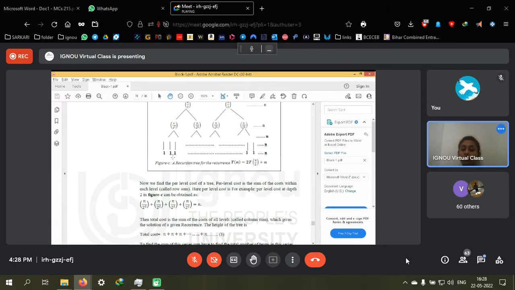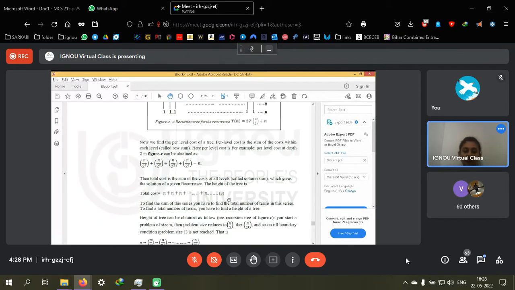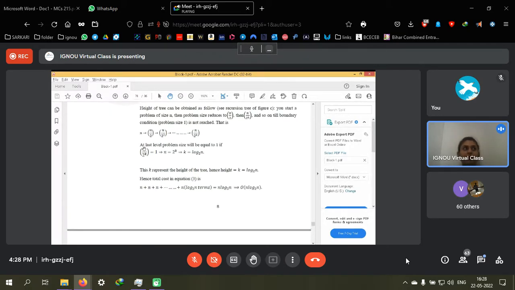We don't know, but we know the last value is always equal to 1 in a tree, right? So that's why here n divided by 2 to the power k is equal to 1. Just do cross multiplication. When you do cross multiplication here, it will be n is equal to 2 to the power k. Now we have to take log on both sides.